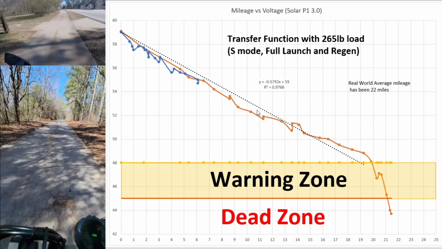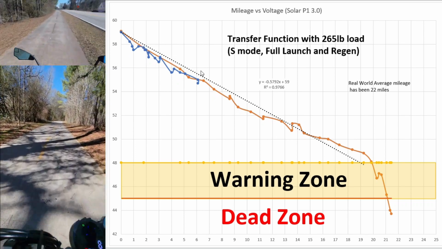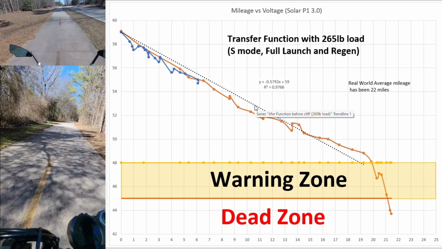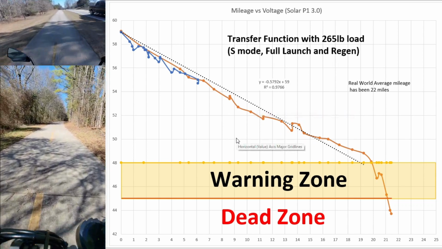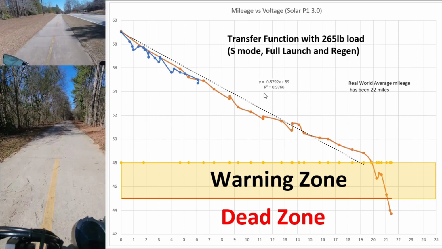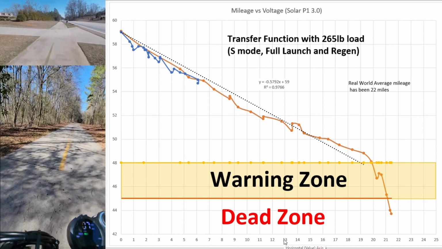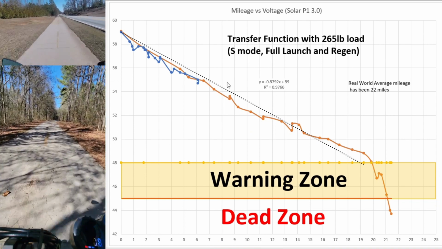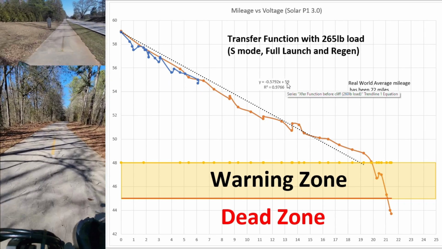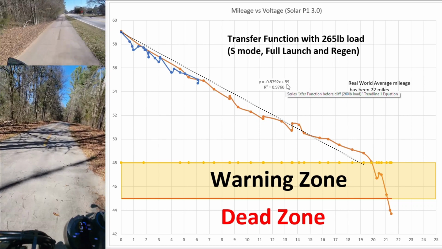And when I take all these data points, then I can plot this trend line, which is this dotted line. I just used a linear trend line to get an easy linear function, right? So if we look at that, the x-axis again is mileage, and the y-axis is volts. At 0 miles, a fully charged P1 3.0 scooter is going to be 59 volts.